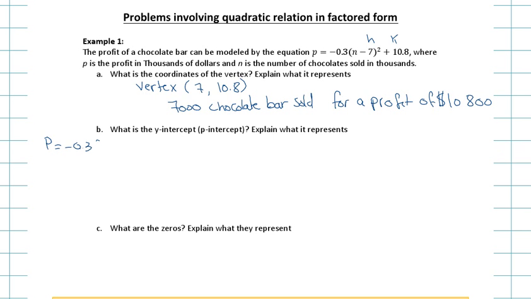Remember, when I'm expanding, I have to write it like that and I have to FOIL. After foiling, I have to multiply by the negative 0.3.